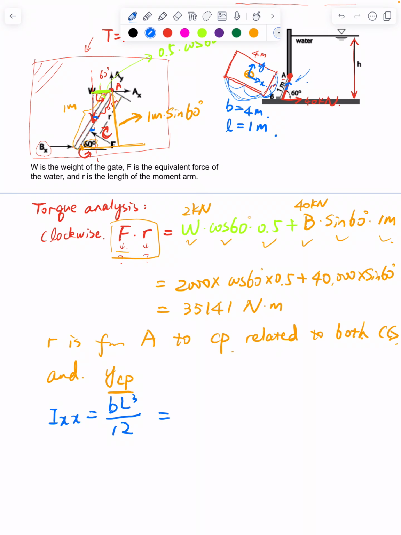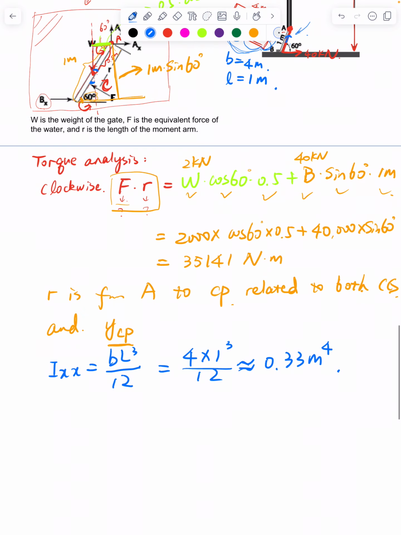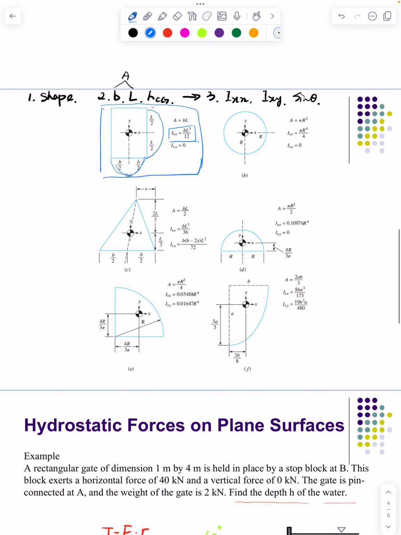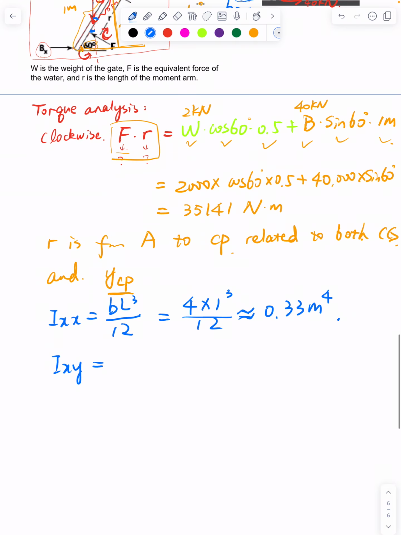So it equals 4 multiplied by 1 to the third over 12, which approximately equals 0.33 meters to the fourth. That's the IXX. And what's IXY? IXY should equal 0.